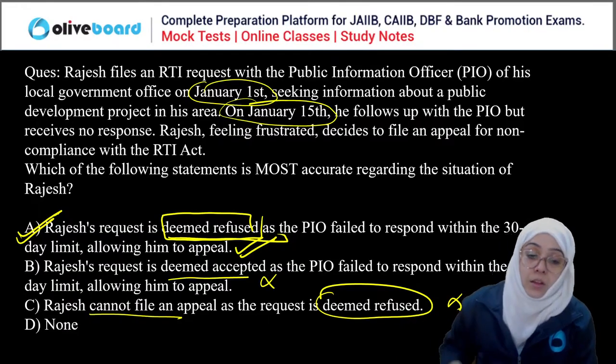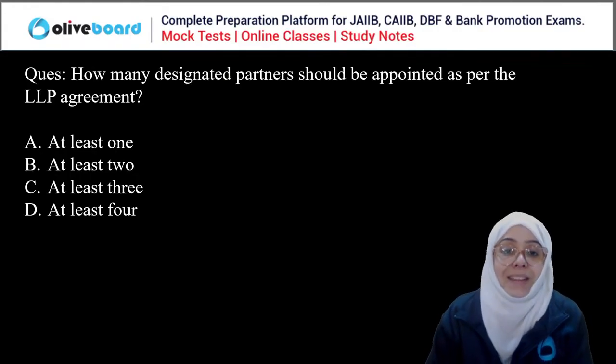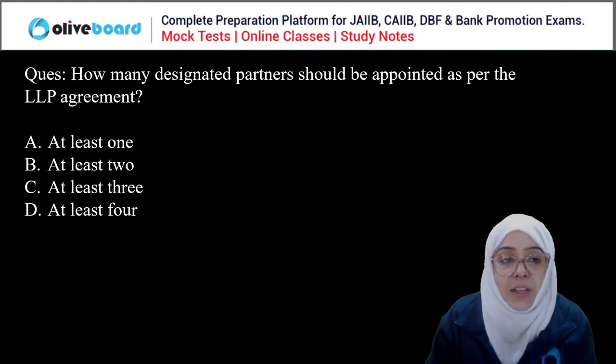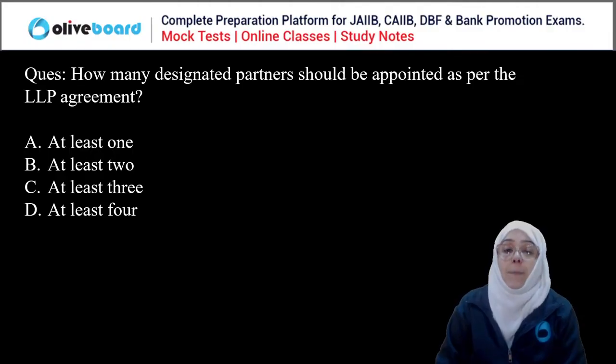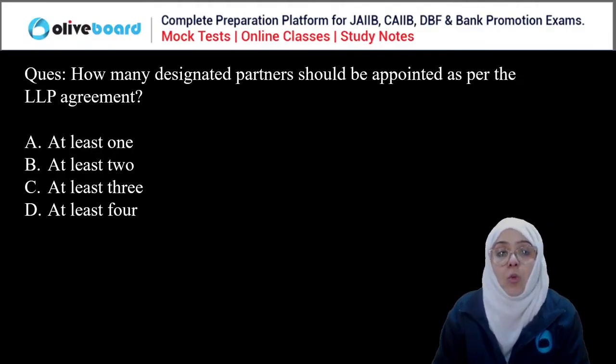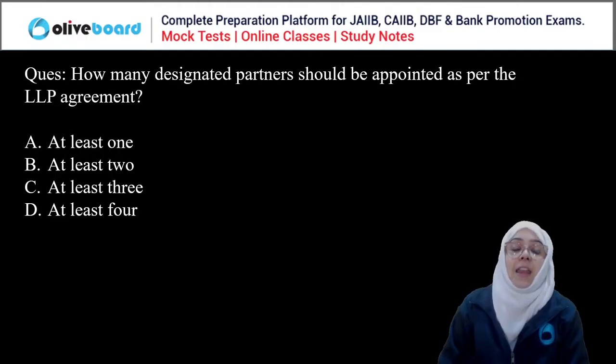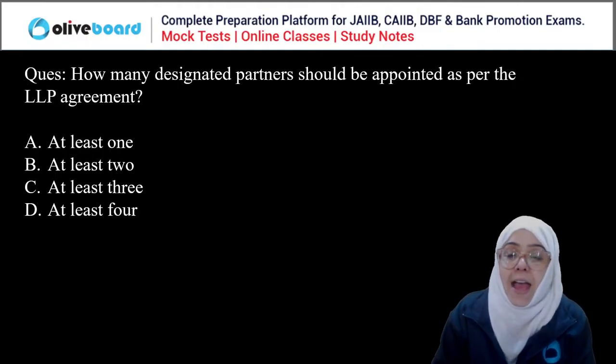Okay, so last question of the class. How many designated partners should be appointed as per the limited liability partnership agreement?